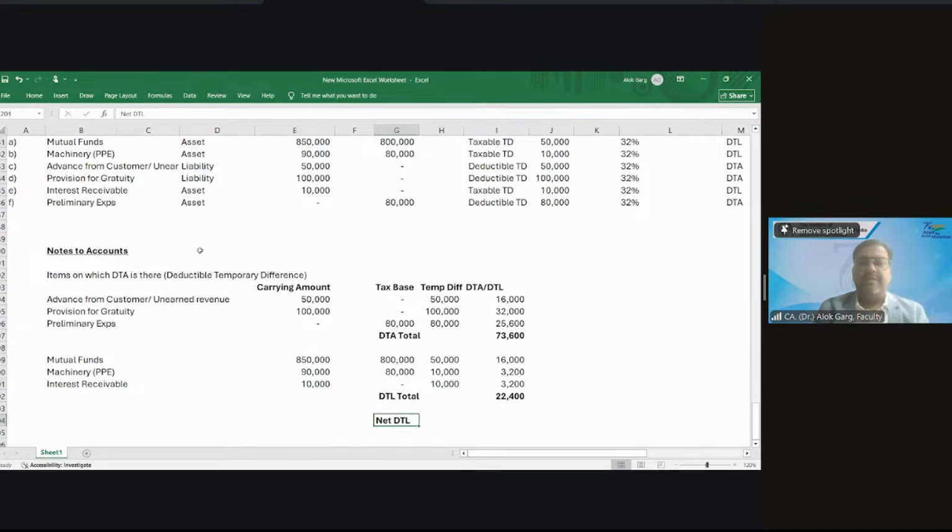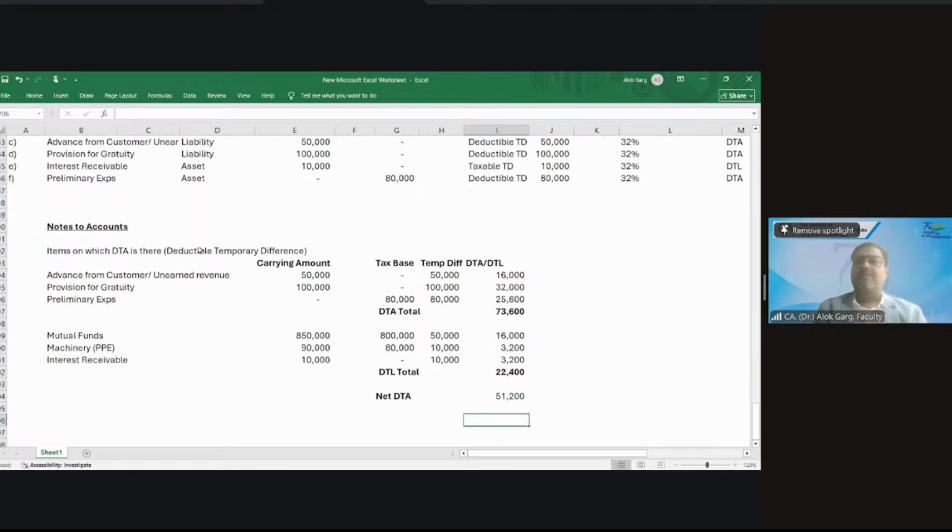What will be there in net? DTA. So this will be your notes to accounts. Items on which DTA is there, items on which DTL is there. Net DTA will be coming in the balance sheet.